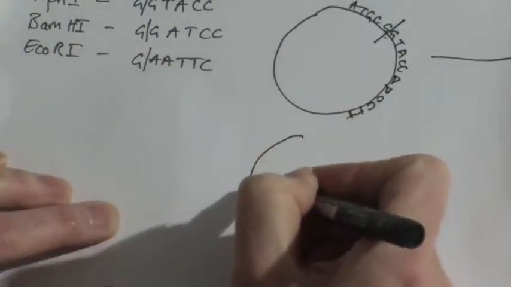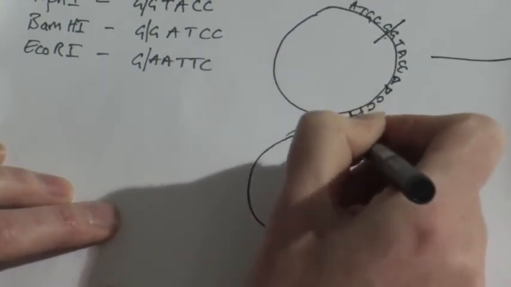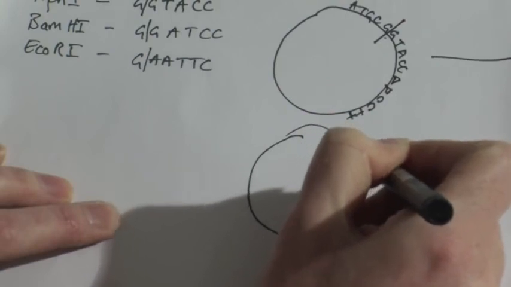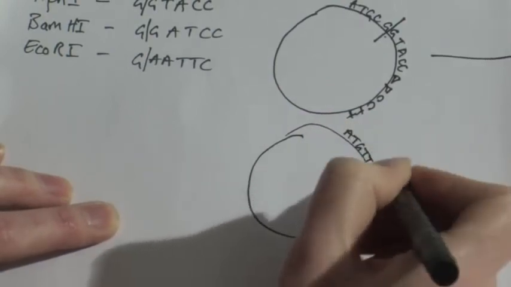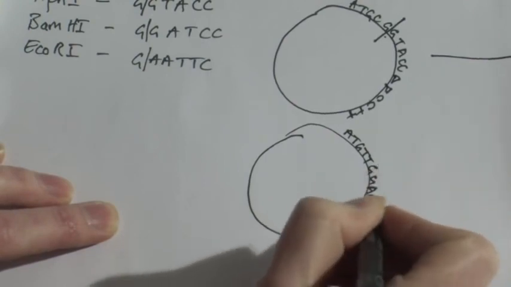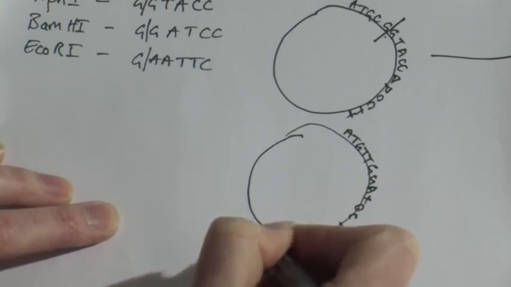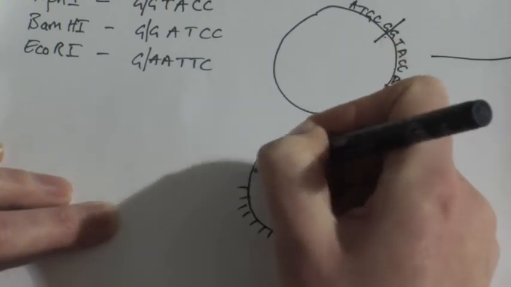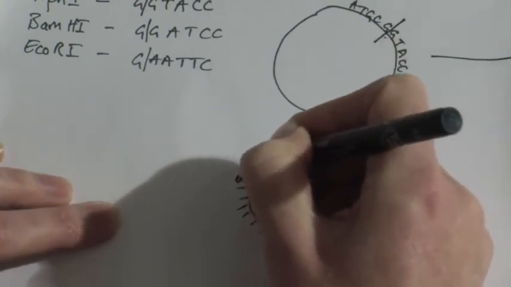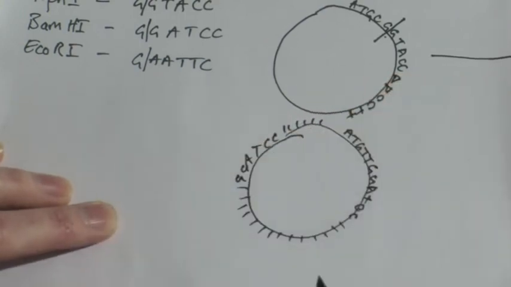Let's imagine another plasmid down here, again with an unknown sequence of DNA running all the way around the plasmid. In this example, I've got a BamH1 site, GGATCC, nucleotides running all the way around here. And imagine that there was another BamH1 site, GGATCC, here.